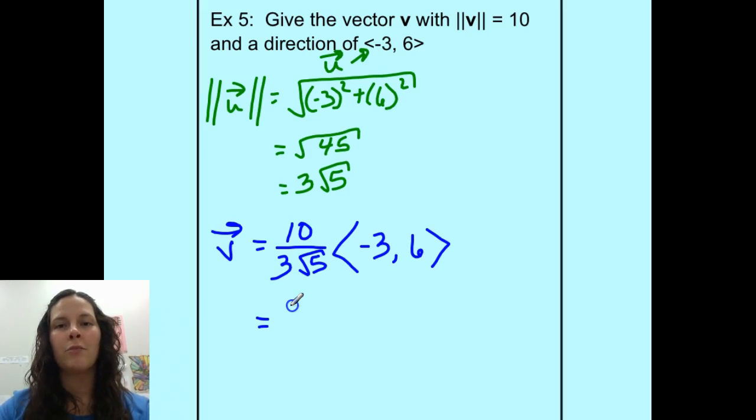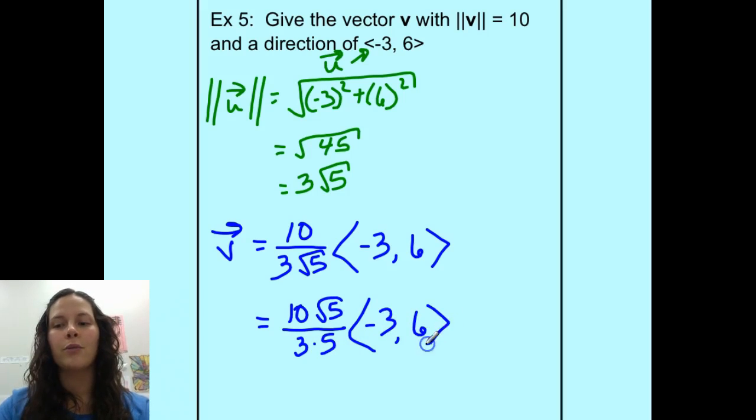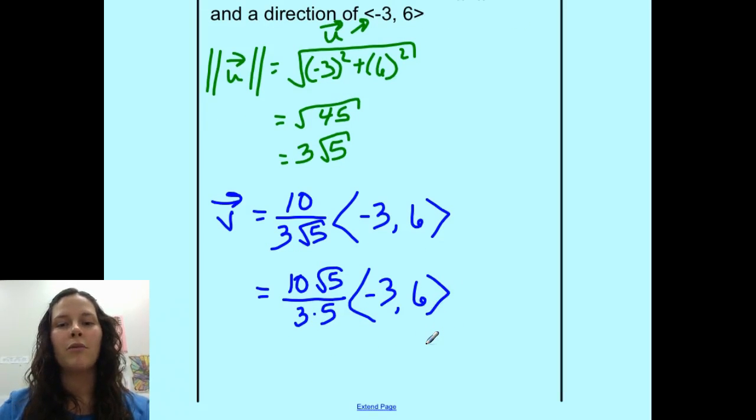After we distribute, we'll have two pieces with a radical in the denominator. To rationalize when there are two pieces in the denominator, you just move the piece with the radical. The 3 can stay in the denominator because the 3 does not have a square root attached to it. So just simply move that square root of 5 up and drop the radical on the 5 in the denominator.